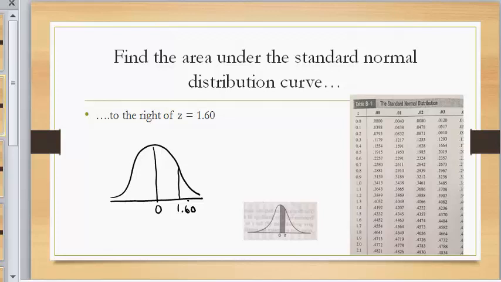Now, the problem asks us to find the area to the right of 1.60. And so we're going to shade the part of the curve that lies to the right of that line. When we shade like that, we shade in what is called the tail of the curve.